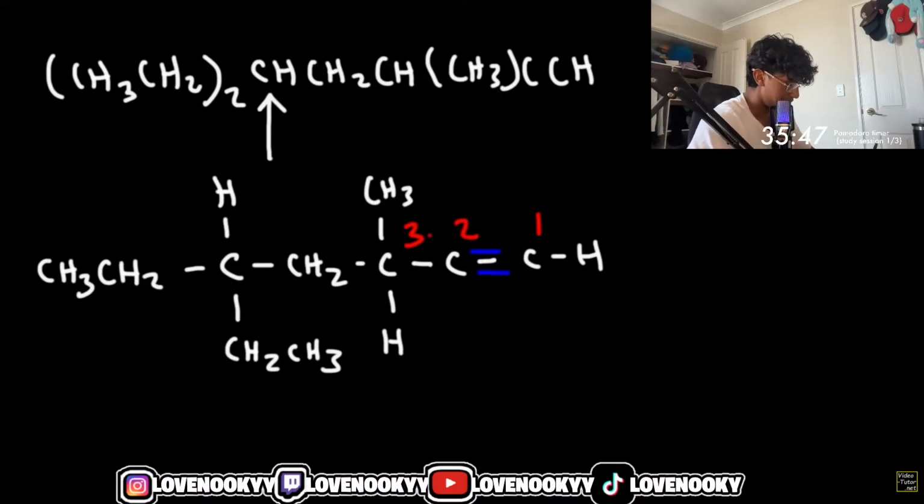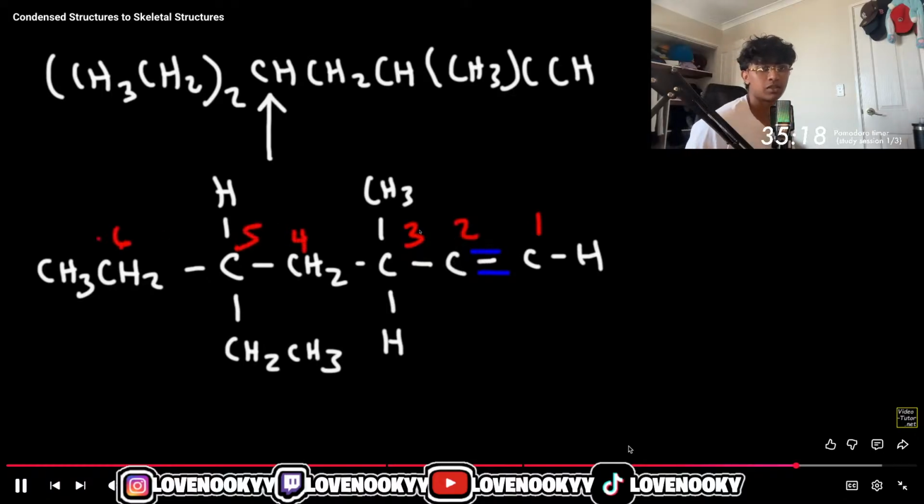On the third one, there is a methyl group. On the fifth one, 2, 3, 4, 5, there's a CH3. Between the 6th and the 7th, there's a triple bond. Should be done. The longest chain has 7 carbon atoms.